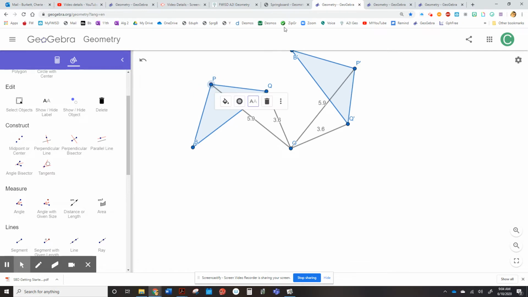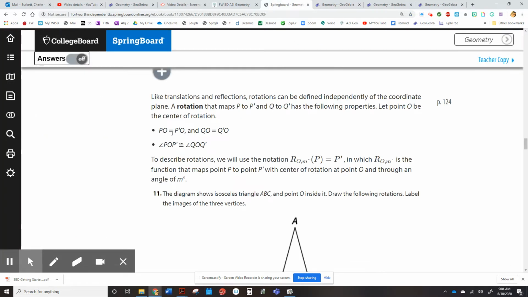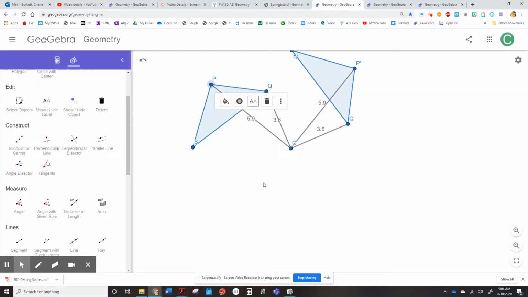So that's all Springboard is saying. Everything that was true on the coordinate plane is still true if we're not on the coordinate plane. And what is this saying? The angle measure between those two segments will be the same angle measure as that one. And you guys should also be able to tell me what those angle measures are going to be, right?